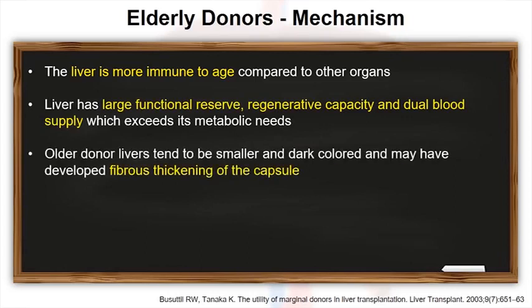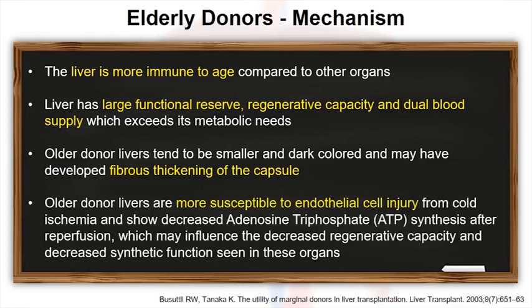Older donor livers tend to be slightly smaller, darker, and may have slightly more fibrous element. They are more susceptible to endothelial injury from cold ischemia, and may show decreased ATP synthesis after reperfusion, and this may lead to some injury after reperfusion.